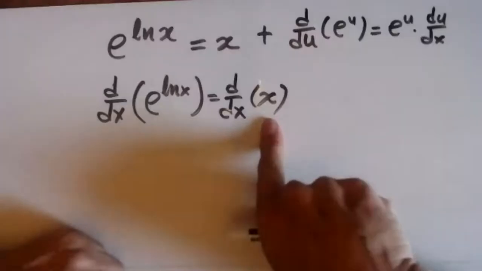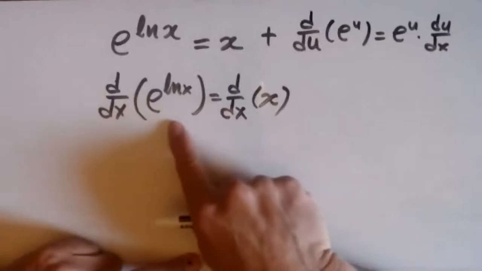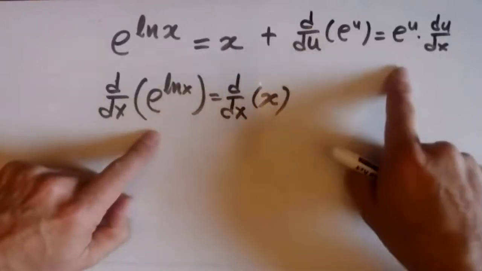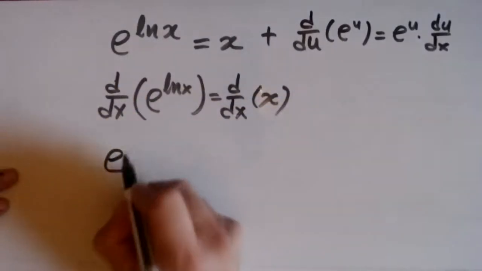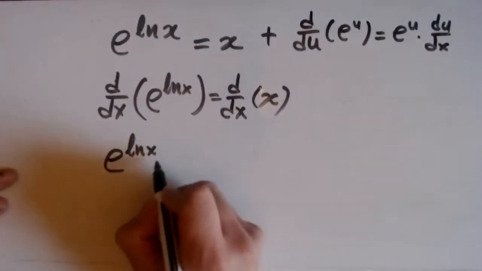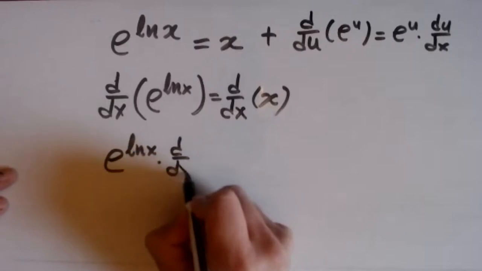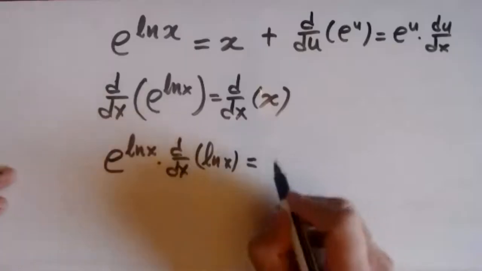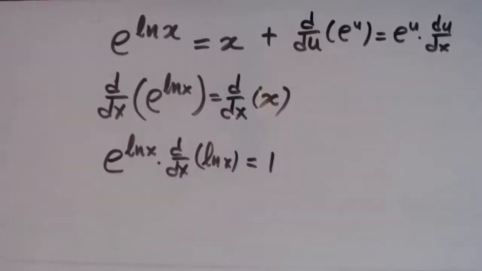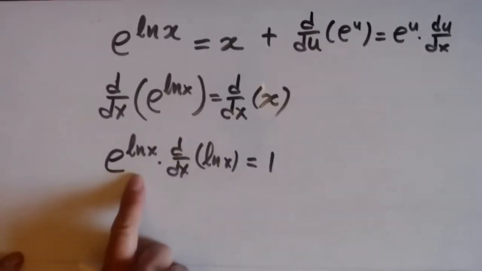Now, this derivative, everybody knows this is a 1, and the left side is going to be split using this. So this is going to be e to the ln x times the derivative with respect to x of ln x equals 1.